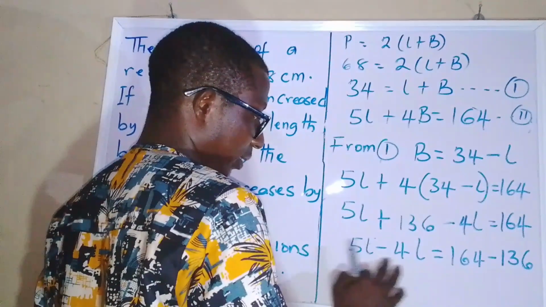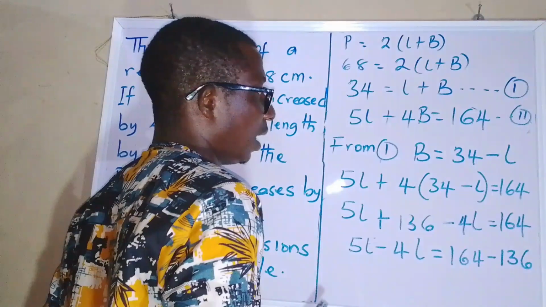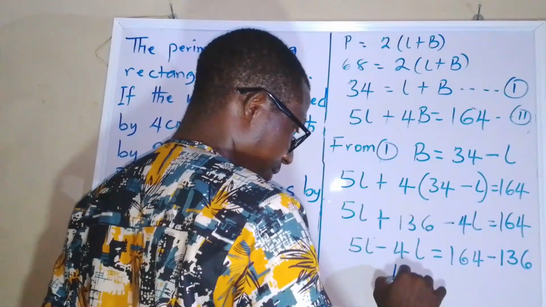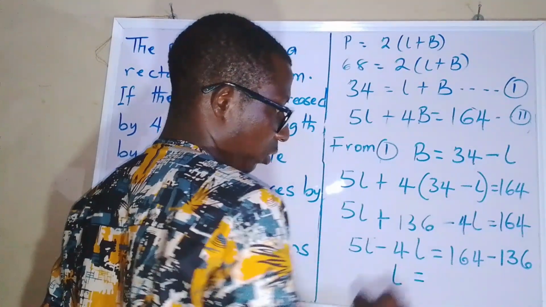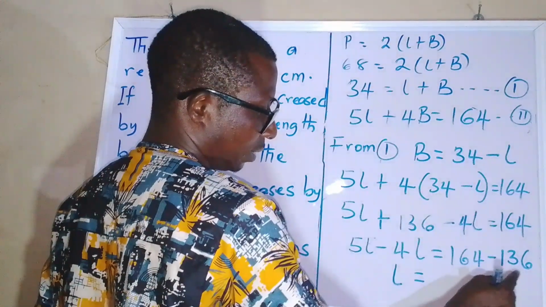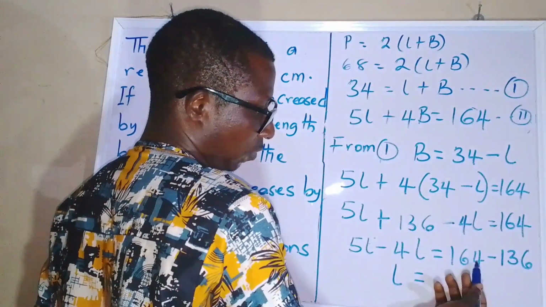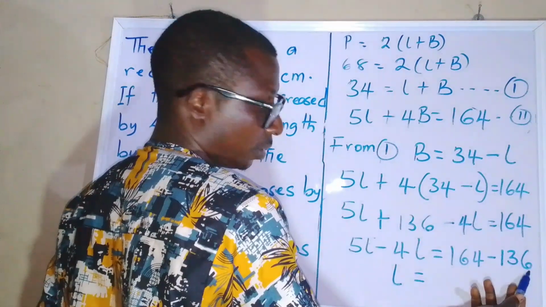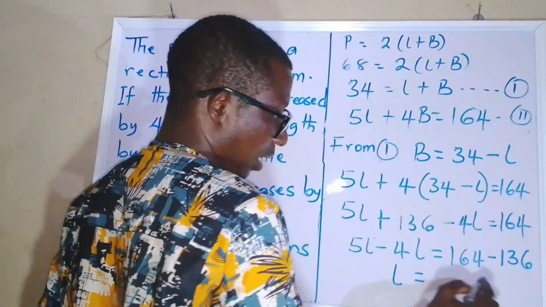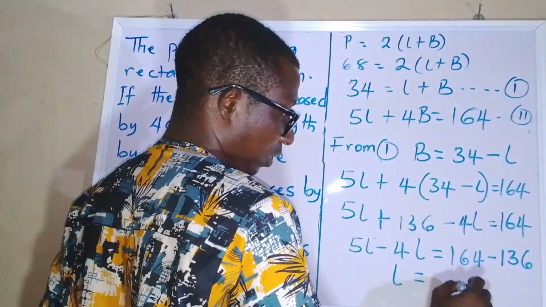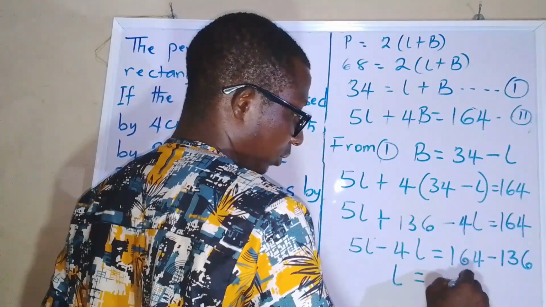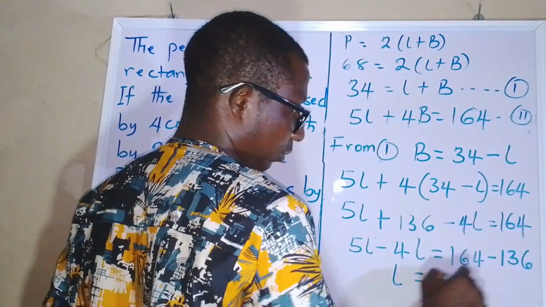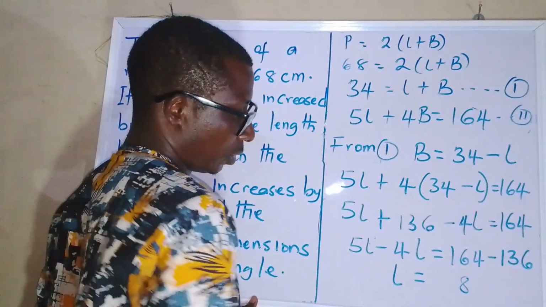So when you subtract this and this, what do you have? You have L being equal to, you want to subtract this from this. So 14 minus 6, that gives you 8.